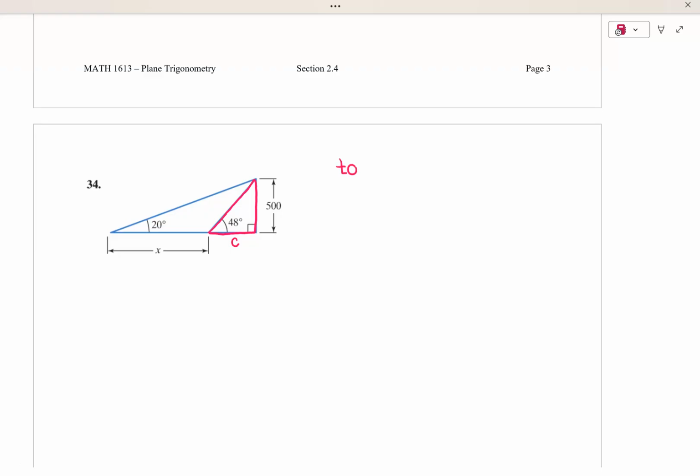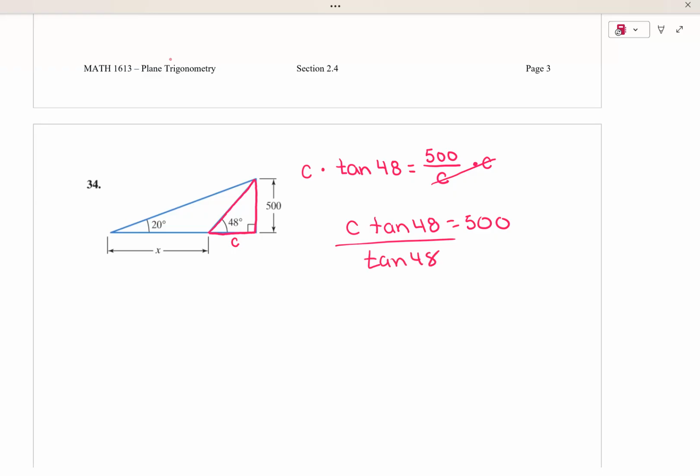So again, we have tangent 48 equals 500 over c. So notice it changed. We still can multiply by c like we always did, but notice what's going to happen. To solve for c, we're going to have to divide by tangent of 48.